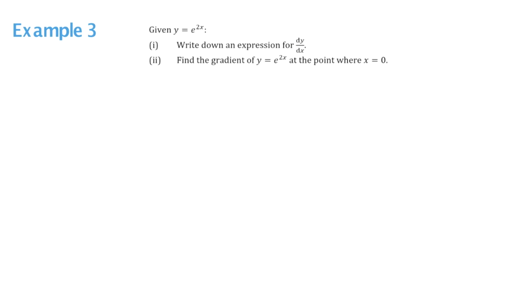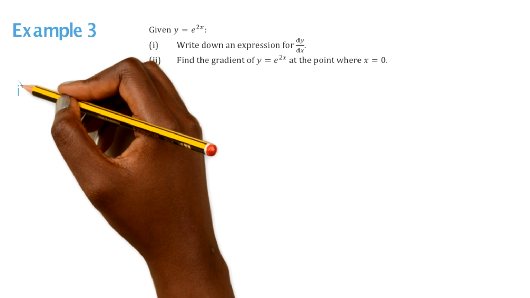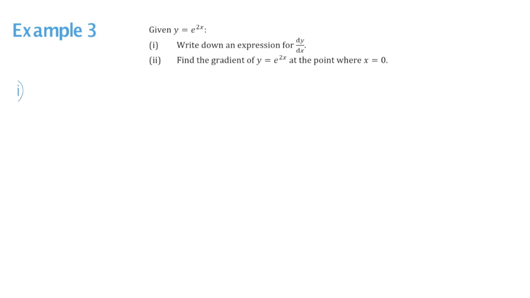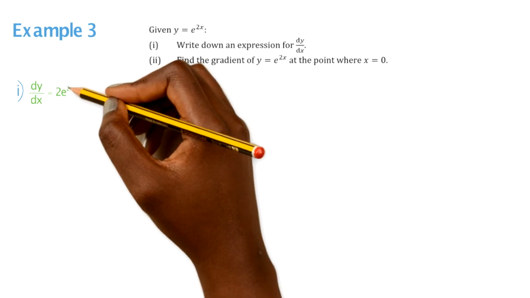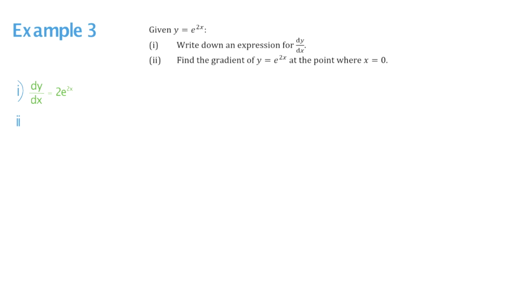Example 3. It wants us to differentiate y is equal to e to the power of 2x. So remember, it's kind of like differentiating the y is equal to e to the power of kx that I went through. So differentiating this would change it into 2e to the power of 2x. And then the second part wants us to find the gradient where x is equal to 0.